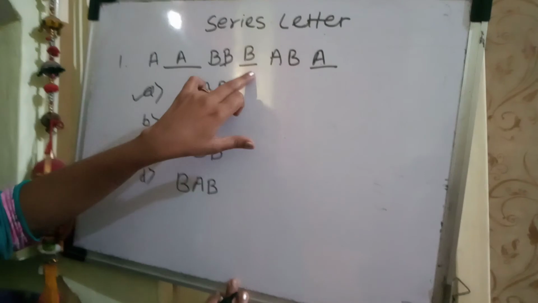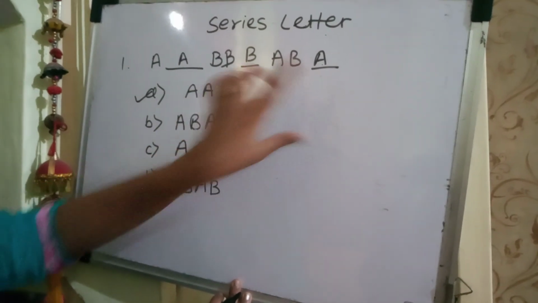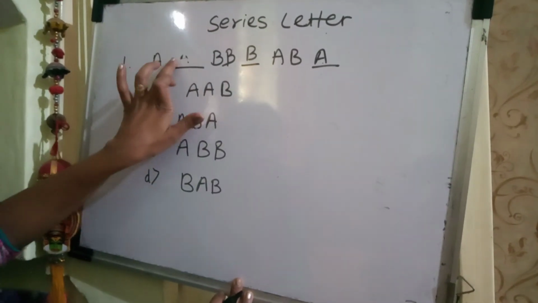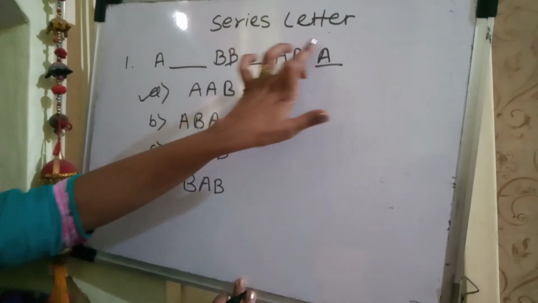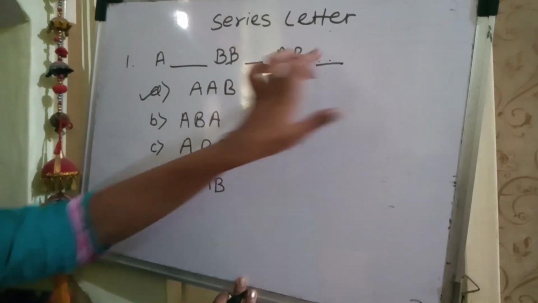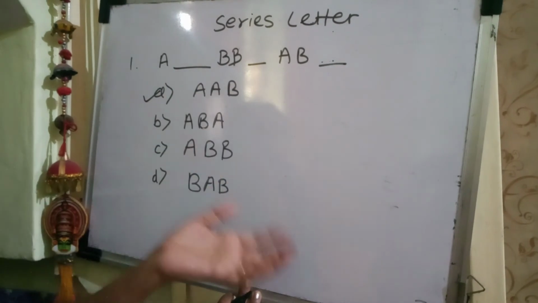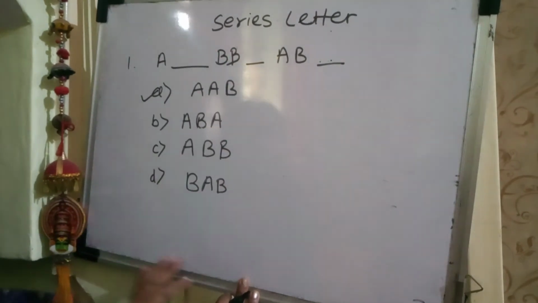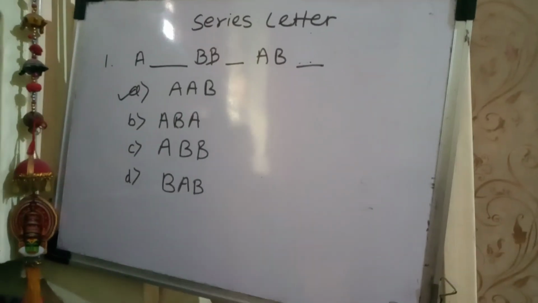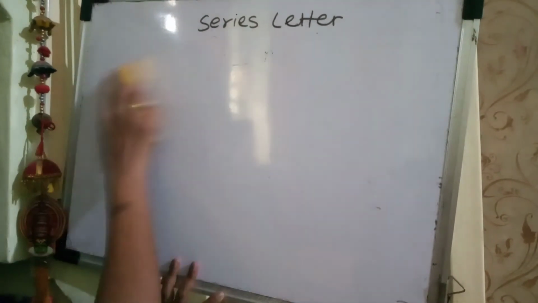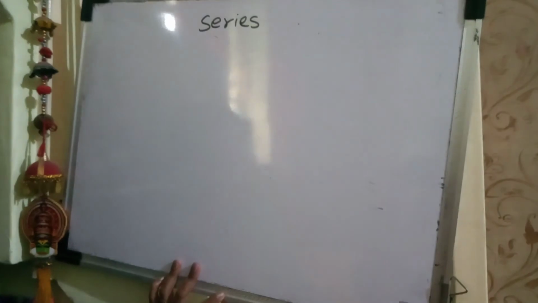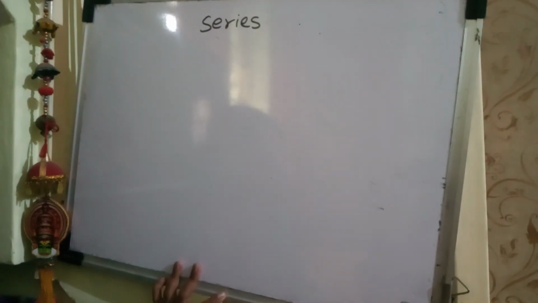Double A, triple B, A, B, A. The series will not complete. So this is not a correct option. Now you understand? So we have to fill the characters in the space in such a way that the series will get completed. Now we will see the next one, series of numbers.